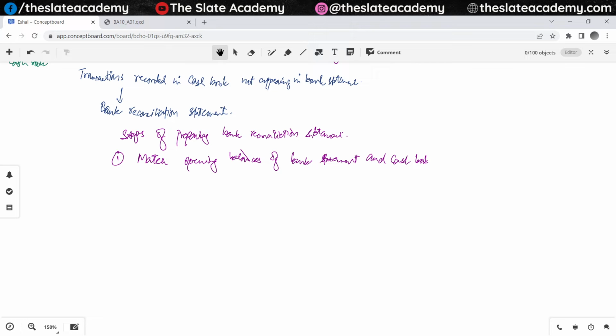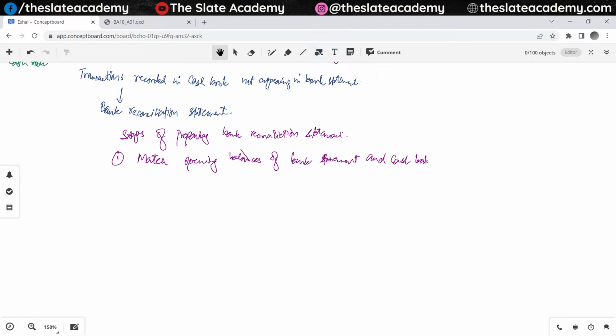Another thing to note, bank reconciliation statement would be prepared for each separate bank account. So if you have one bank account in Meezan Bank, one in ABL, one in UBL, one in National Bank of Pakistan, for all four, reconciliations would be prepared.